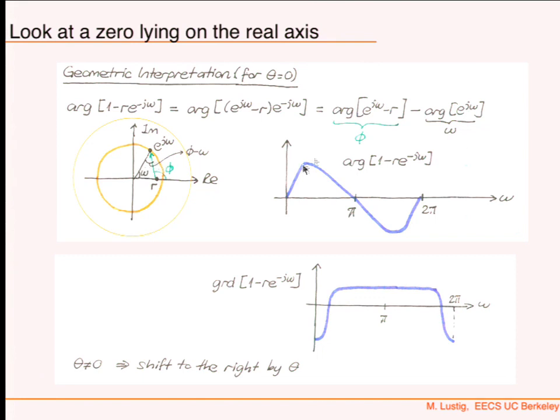Okay, that's great. Now, what is the phase of e^(j omega) - r? Okay, so e^(j omega) - r is this vector, and so the phase of it is going to be this one. Okay. So if you take now the phase of that minus the phase of this, by the angles on a triangle, you can figure out that this angle here corresponds to basically this angle.